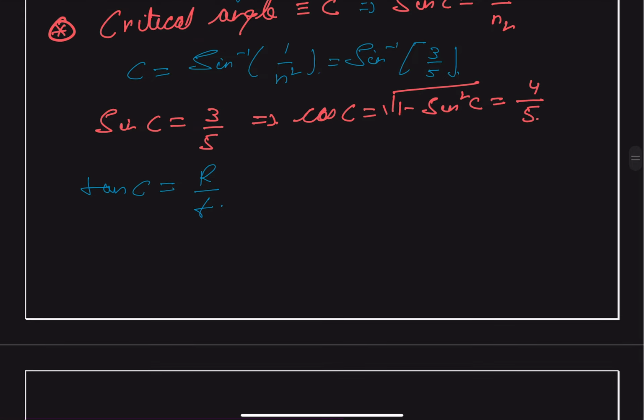And tangent of critical angle, we can write it as cos of C divided by sine of C, sine of C upon cos of C, my mistake.